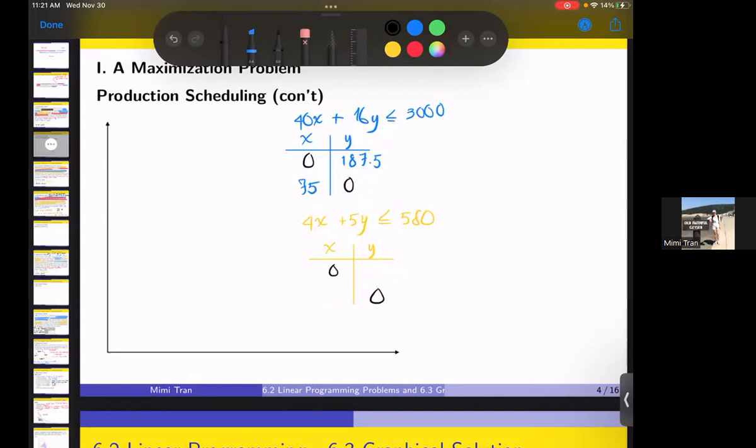When x is 0, y is 580 divided by 5, 116. I'm sorry, can you guys see that? When y is 0, x is 580 divided by 4. So far, so good. That's just what we did on the exam, right? All right, let's graph them.